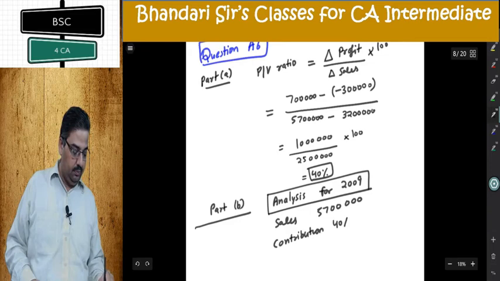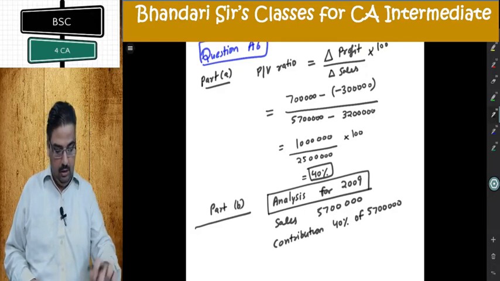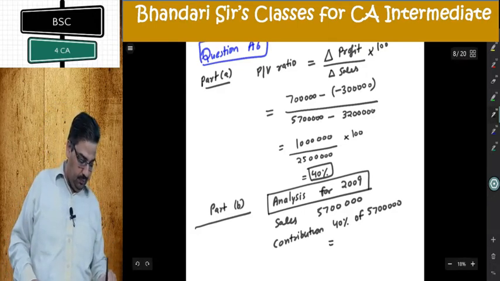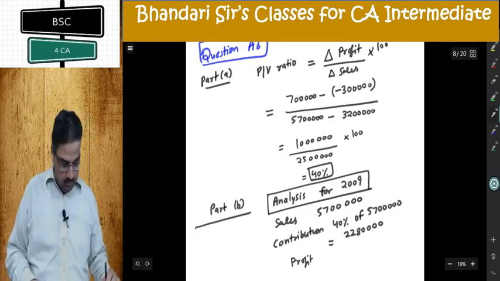Contribution 40% of 57 lakh. 40% of 57 lakh, that is 22 lakh 80,000. Profit is known 7 lakh.